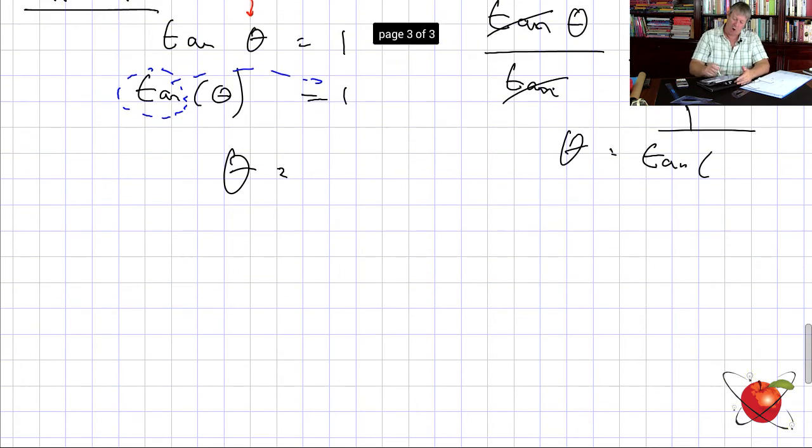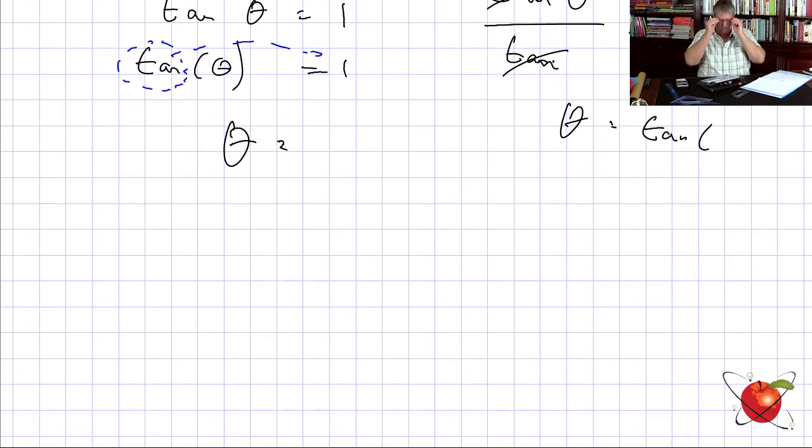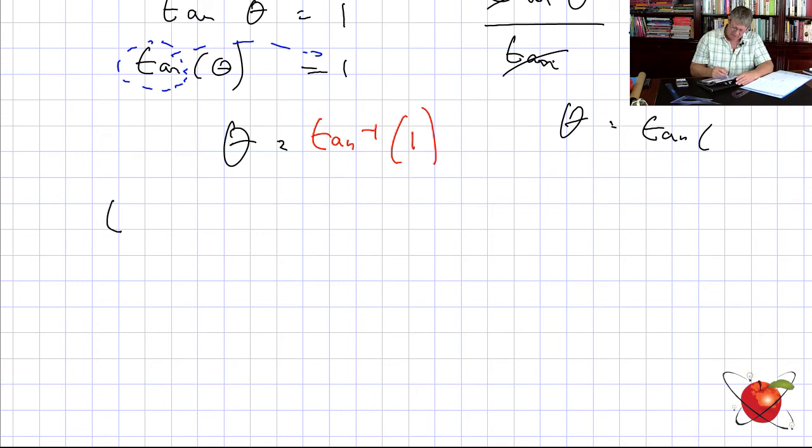So we need to find the opposite, and what we call it is tan to the minus 1, which is arctan. That's the terminology I grew up with. What have we done? We have said tan of theta equals 1.